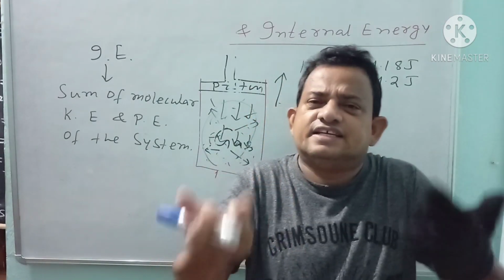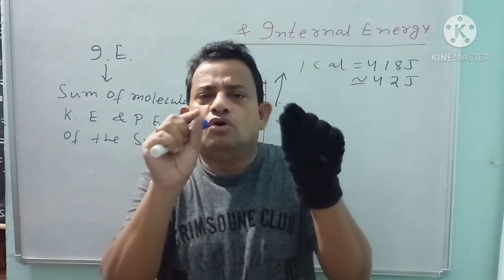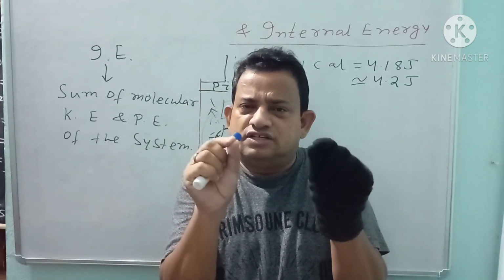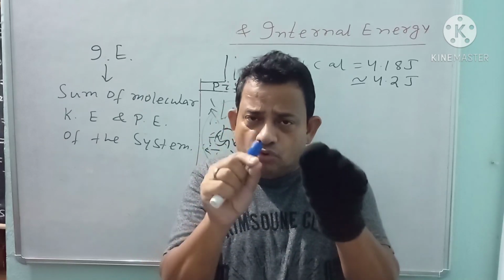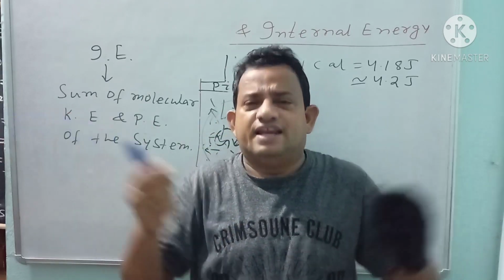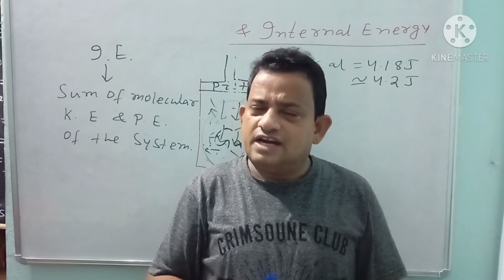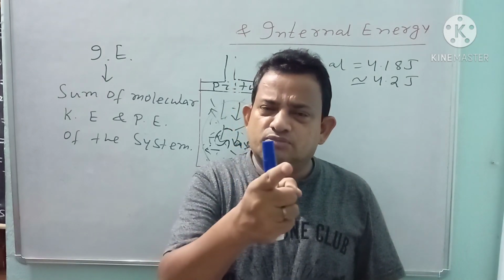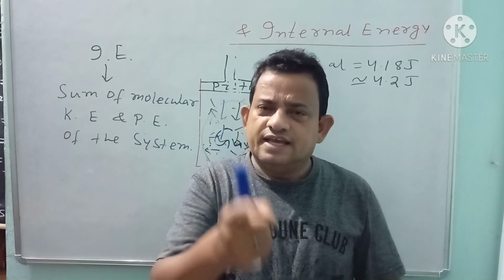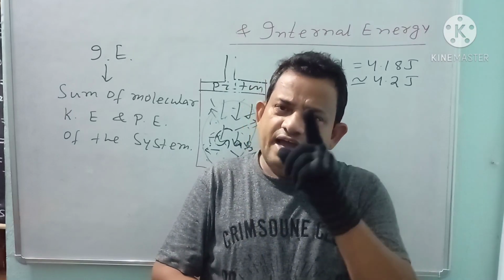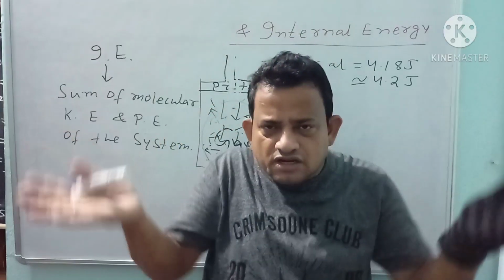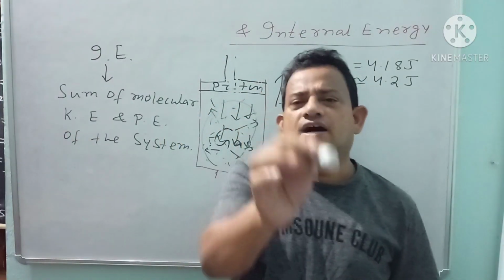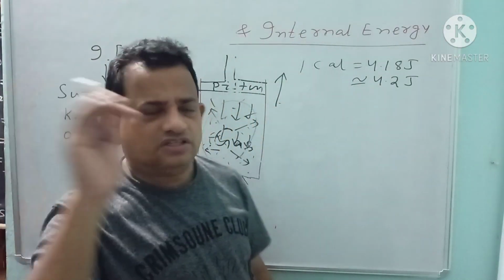So in case of gas also, molecular force of attraction is there. Due to this molecular force, there is potential energy. That's why we say the gas molecules possess kinetic energy as well as potential energy. I mean the system or gas has internal energy.